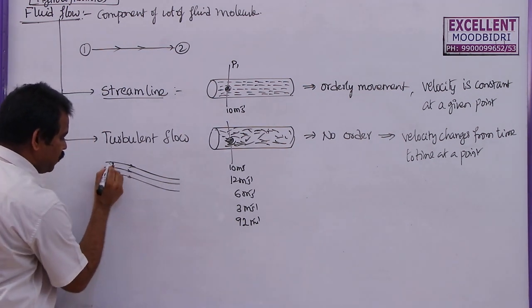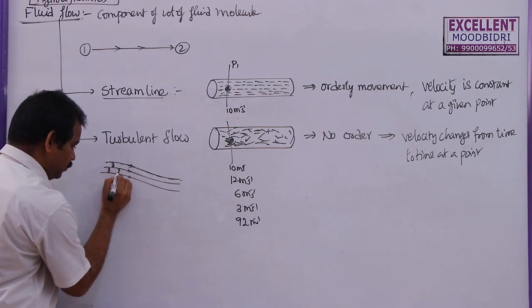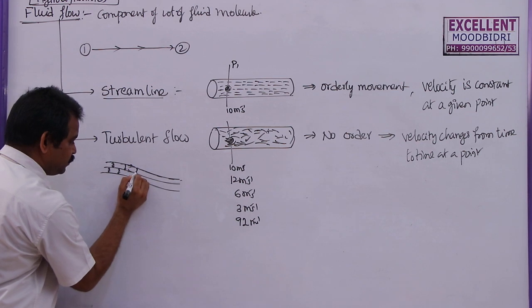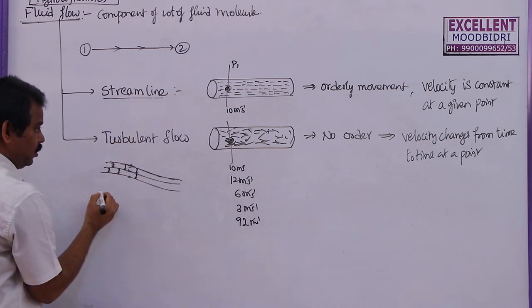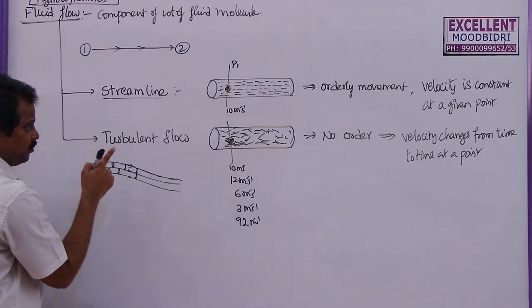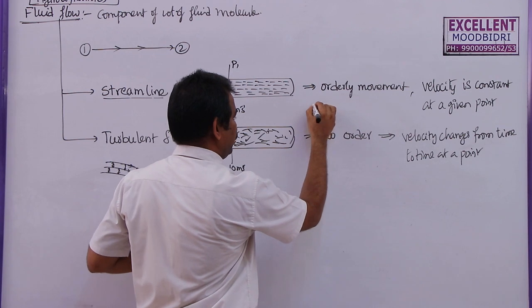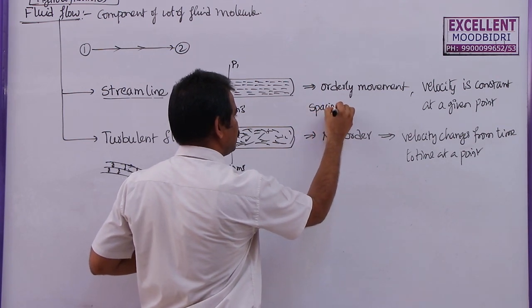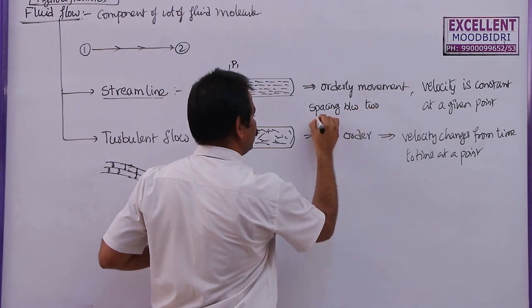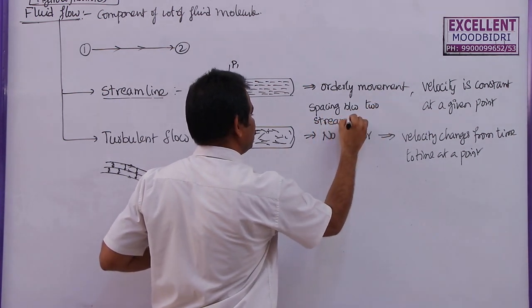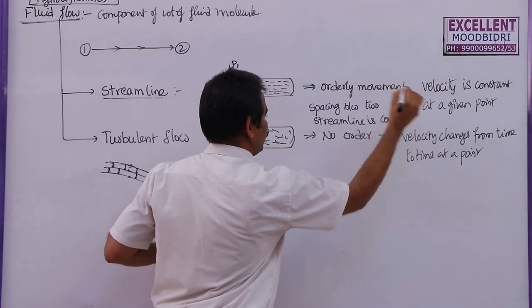If you take these lines while flowing from one place to another place, they maintain the space between them equally. So in a streamline flow, the spacing between the streamlines is constant. One more here we can write, spacing between two streamlines is constant.